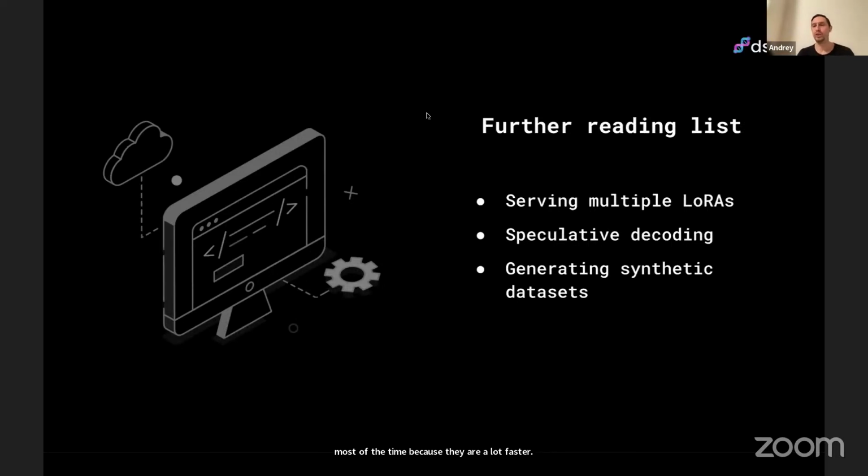There are certain projects that help you leverage CPU. For example, the most famous, of course, is llama.cpp, which I recommend you check out, which allows you also to leverage RAM for running inference and probably for training as well.